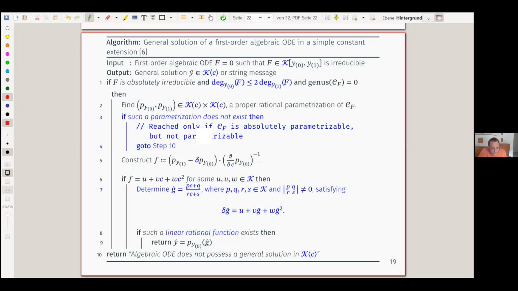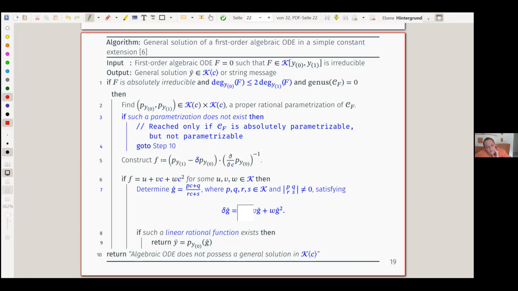And the other conditions, well, this is also pretty similar to the algorithm before, except that we have to change d by dx by our generic derivation delta now. And here we have also a very similar condition as before. So this is also basically a Riccati equation or a linear equation that we have to solve. But now we know precisely what we are looking for.